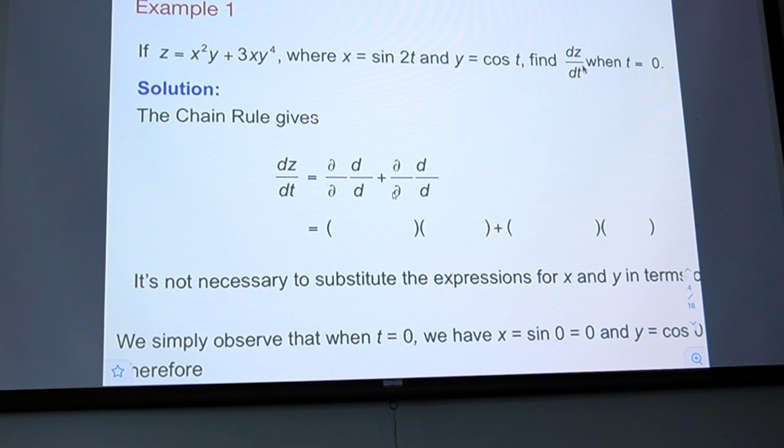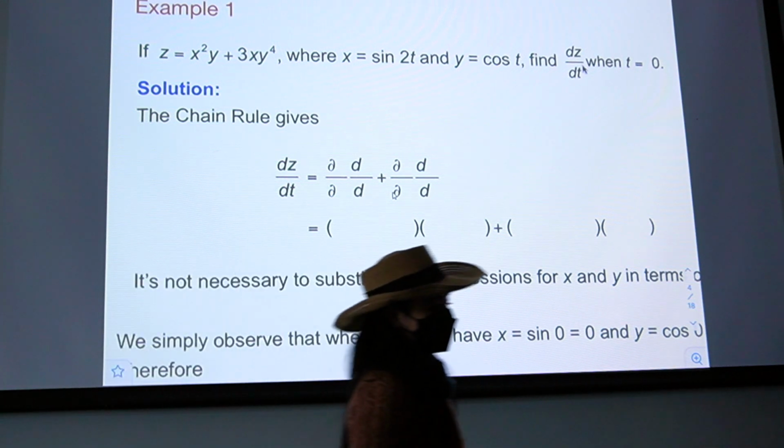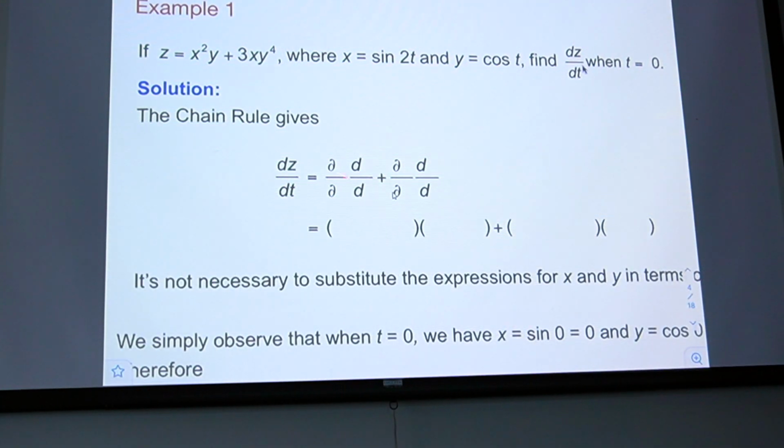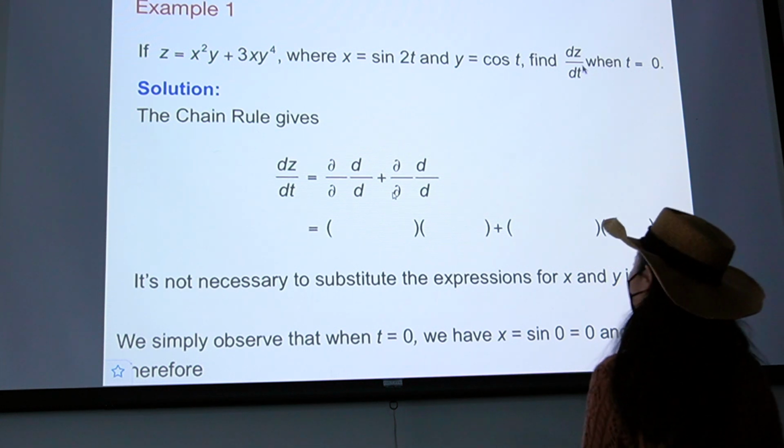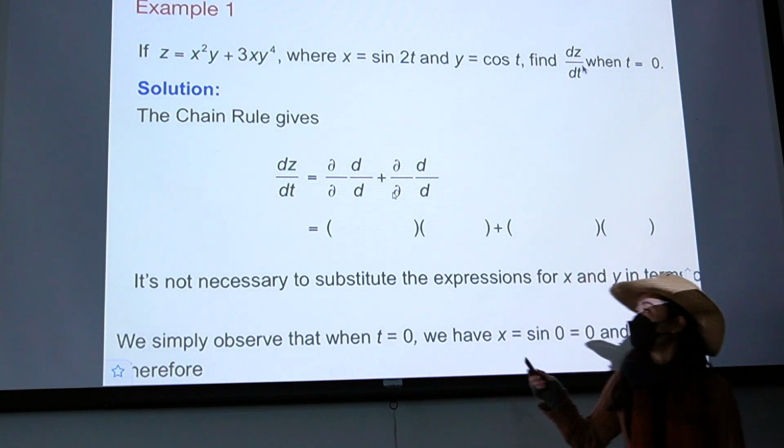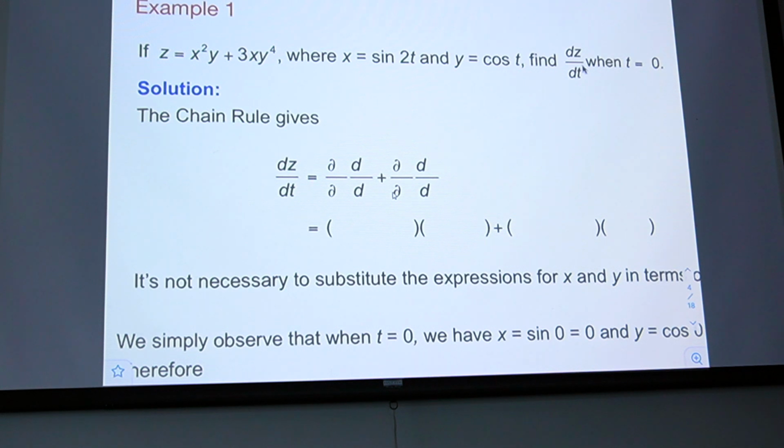So let's just go straight to apply this. The chain rule gives dz/dt equal to what? Let's fill in the blank. Everyone, what would that be? Partial z, partial what? Partial x. Okay, very good. Then dt.